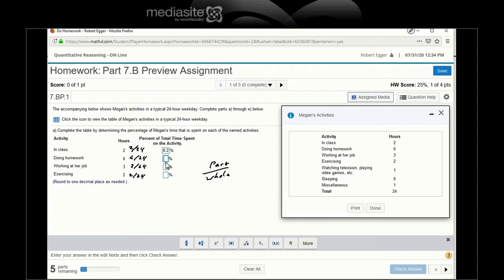Homework, 6 over 24, that's 1/4, which I know is 25%. Now 3/24, that's 1/8, and I know from experience that's 12.5%. And 2/24 should be the same as in class, so that should again be 8.3.